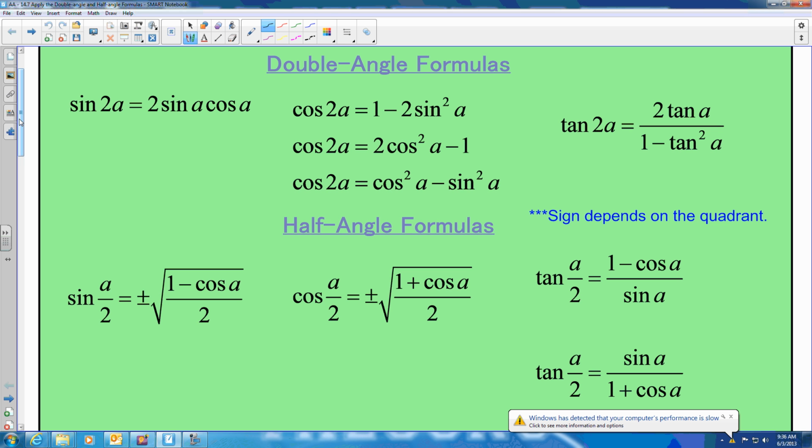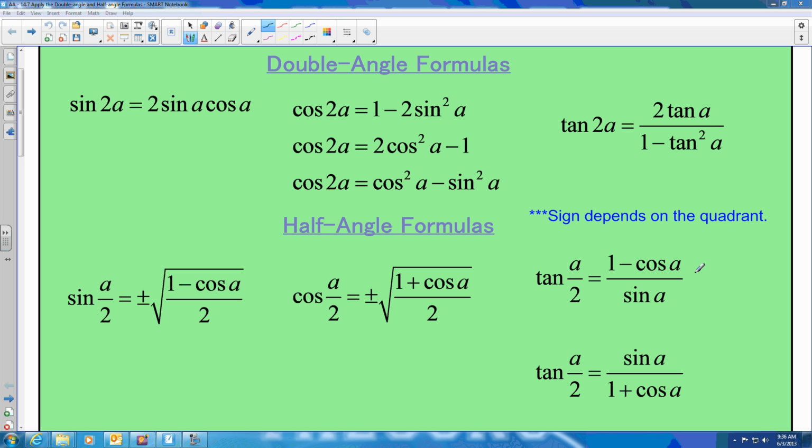Now, this is kind of a continuation of what we did in 14.6, where we used sum and difference formulas. The reason we use the sum and difference formulas is to help us find the exact value of certain angles or radians, which we could use our special ratios from our handouts in the beginning of chapter 13.